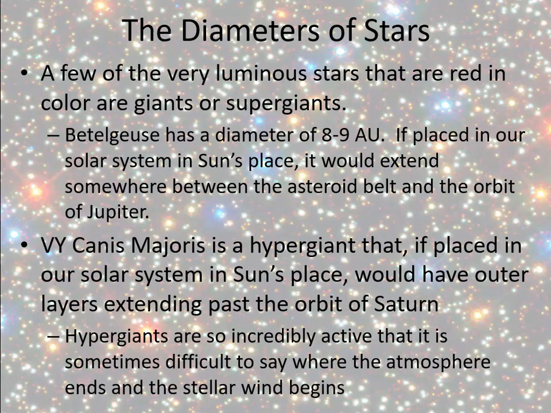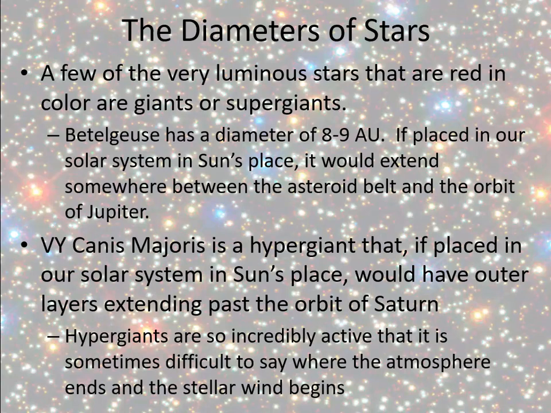Now, the largest stars in diameter, for example, VY Canis Majoris, is a red hypergiant, which is just another kind of an extreme example of a red supergiant. These things can be bigger than Saturn's orbit. And Betelgeuse, again, has an orbital diameter of about 8 or 9 astronomical units, so an orbital radius of between about 4 and 4.5 astronomical units, maybe as far as Jupiter's orbit, if you accept some of the larger estimates for Betelgeuse's size, which is kind of hard to determine.